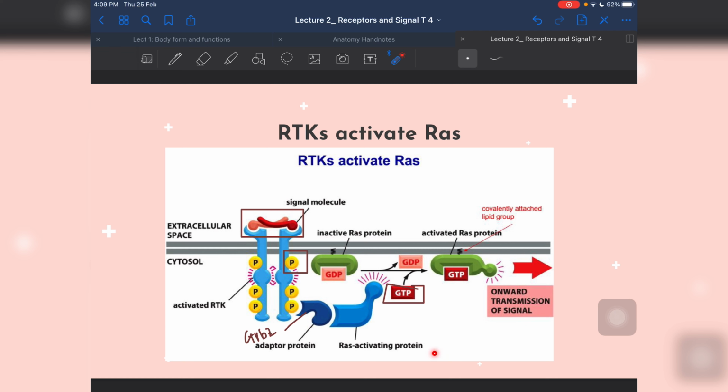When we talk about RAS activating protein, it's mostly GEF, guanine nucleotide exchange factor, and in the context that we learned just now, it's SOS, son of sevenless. What is the role of SOS? SOS will activate the RAS protein. How? SOS will eliminate the tightly bound GDP from the RAS protein and exchange it with GTP, thus making the RAS protein activated. This is only half of the signal transmission. There will be more steps after the RAS is activated.